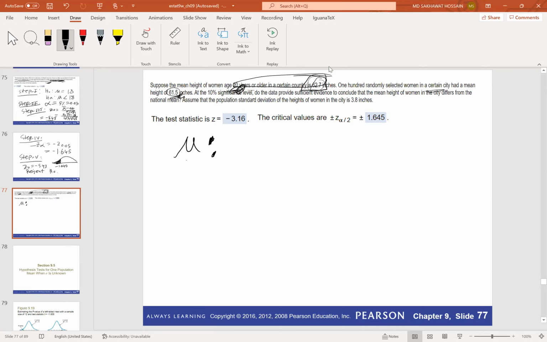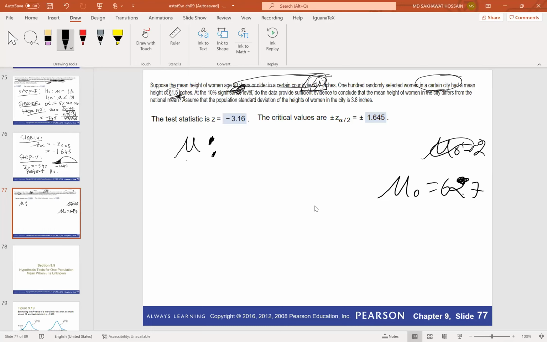This value is the hypothesis value, mu 0, which is 62.7. But we are interested in the women who are 20 years old and living in that city.